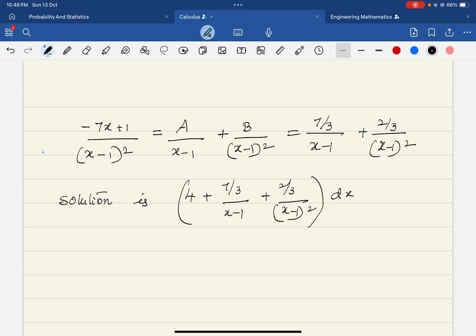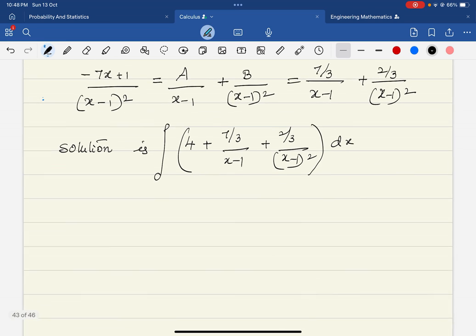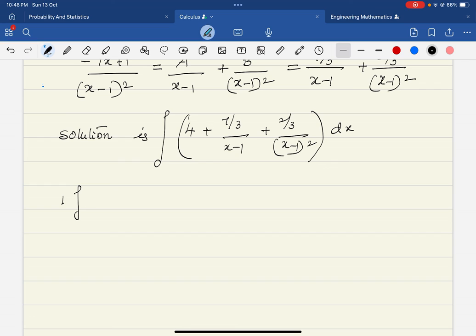dx integral. Okay. Now this can be split as 4 times integral dx plus 7 by 3 times integral of 1 over x minus 1 dx plus 2 over 3 times integral of 1 over x minus 1 the whole square dx.